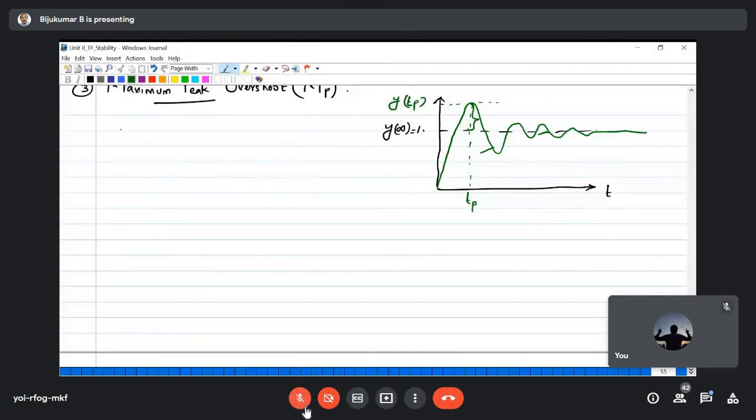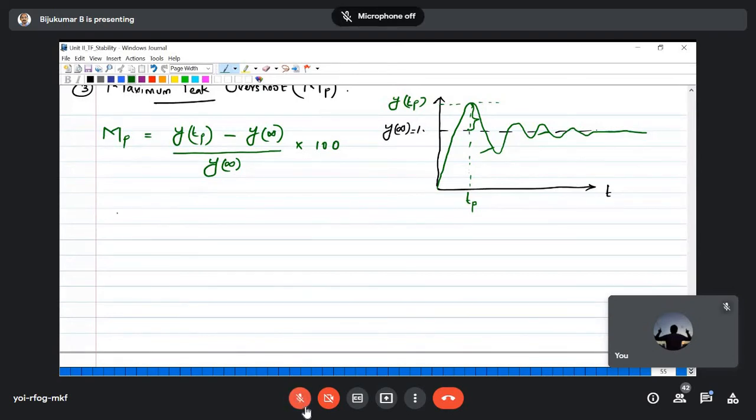So we can calculate the maximum peak overshoot MP as Y of TP, the magnitude at peak value, minus steady state value Y of infinity. So this can be expressed in percentage, means how much percentage it is exceeded. So we can divide it with Y of infinity again, multiply it with 100 in order to convert to percentage. Clear?